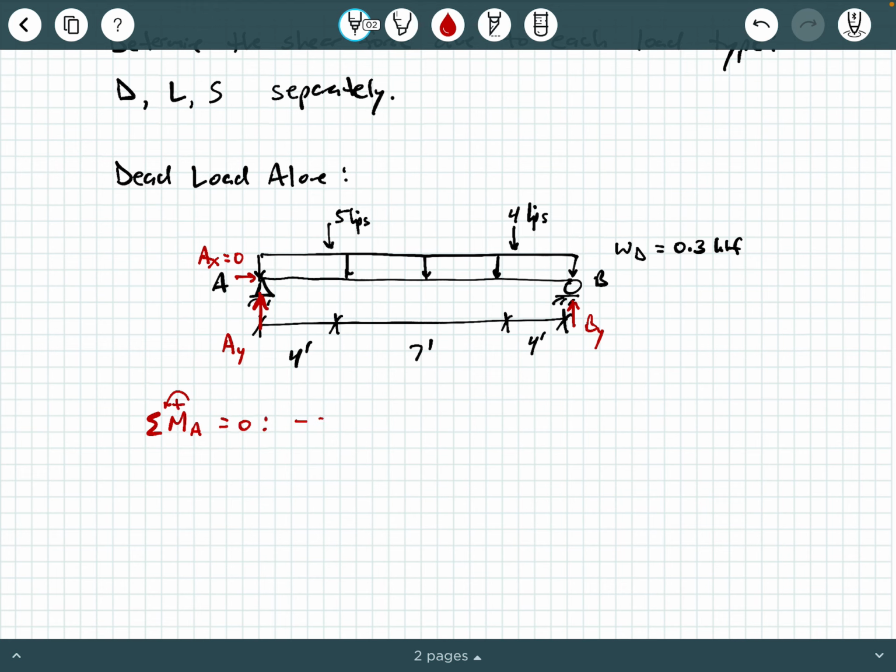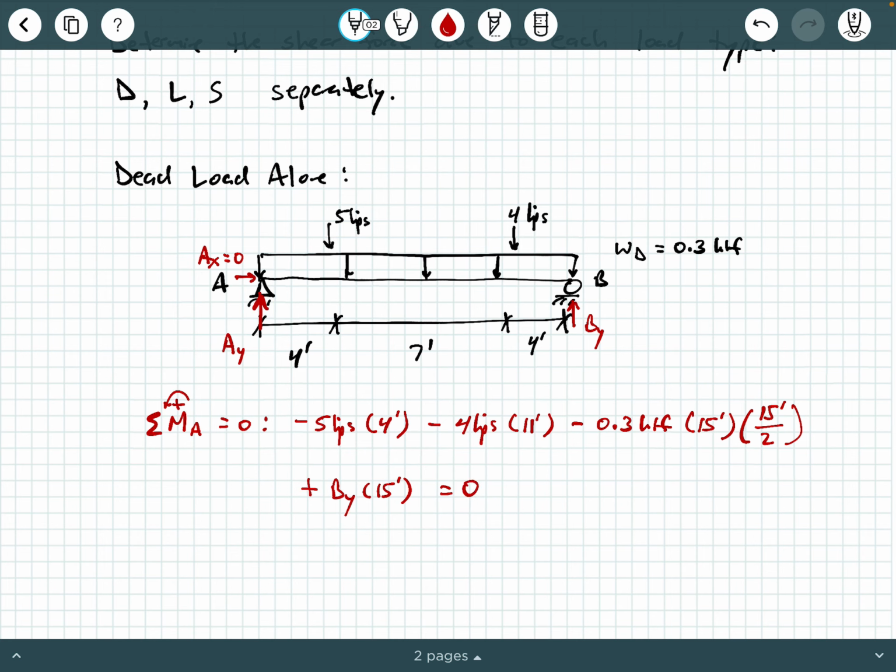So we'll have negative 5 kips times 4 feet, and then minus 4 kips times 11 feet, and then minus 0.3 KLF times 15 feet times another 15 feet divided by 2, and then plus BY times 15 feet all equals 0. This is just basic statics. We'll do some calculations here, and we'll end up getting 6.52 kips as our reaction at B pointing up.